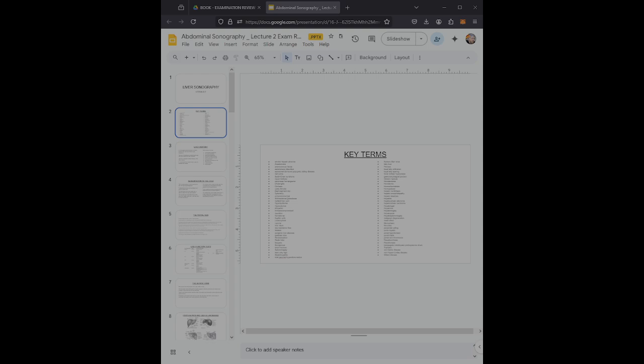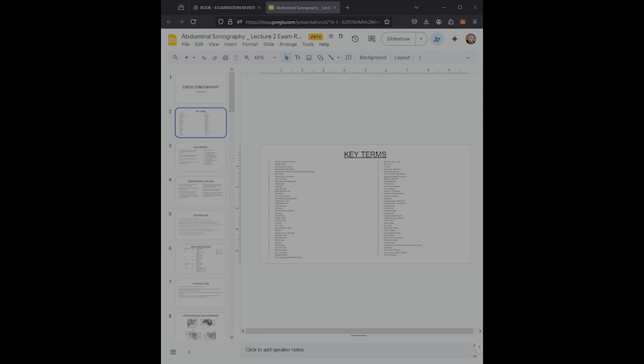Pseudocirrhosis, this is a nodular appearance of the liver caused by multiple metastatic tumors. A pseudomass is a false mass. A pyogenic liver abscess is an abscess that can result from the spread of infection from inflammatory conditions, such as appendicitis. The quadrate lobe is a medial segment of the left lobe.